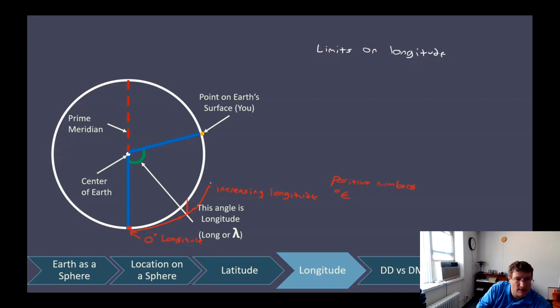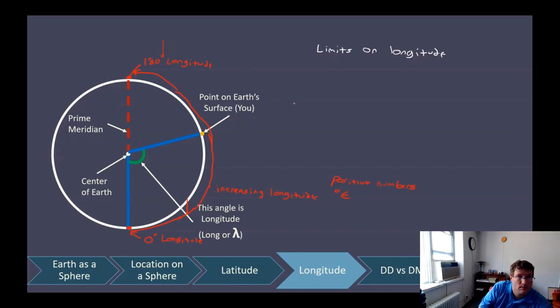So let's talk about what happens if we keep going. If we keep going until we hit this point here, with longitude what happens is we continue all the way around until we hit where the prime meridian meets the other side of the Earth. We define this point as 180 degrees longitude.